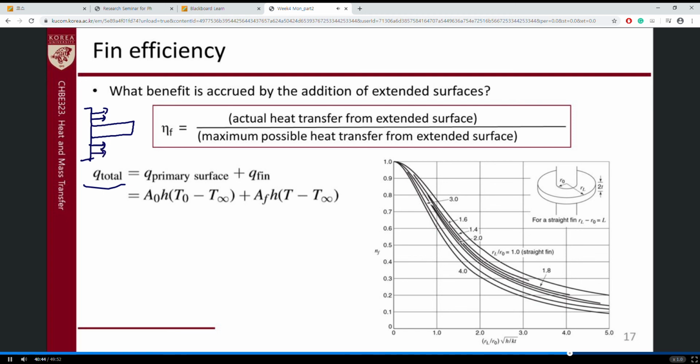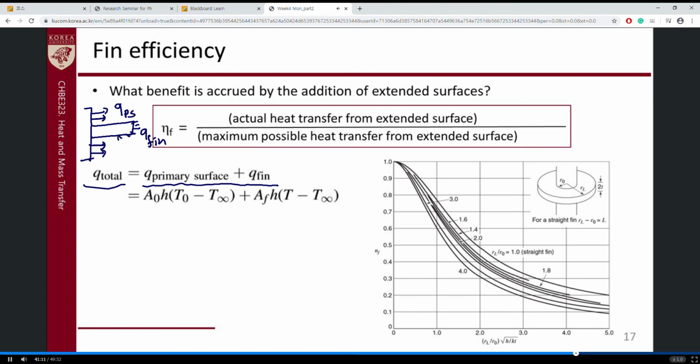This is the Q primary surface, right? And all the convection occurring in the fin is Q fin, okay? So all the heat flux can be expressed by the sum of Q primary surface and Q fin.